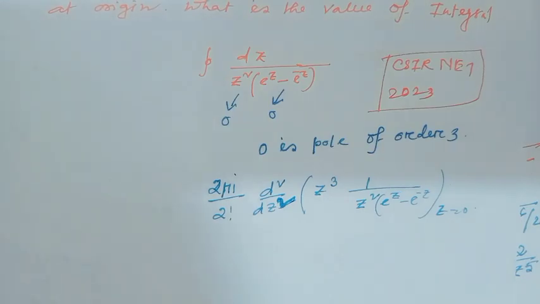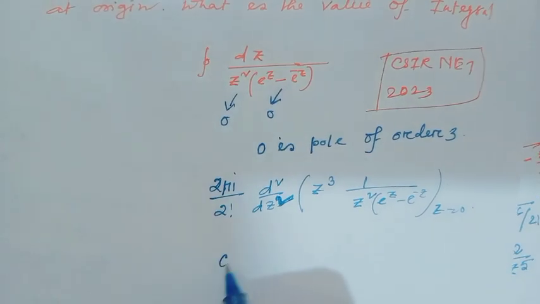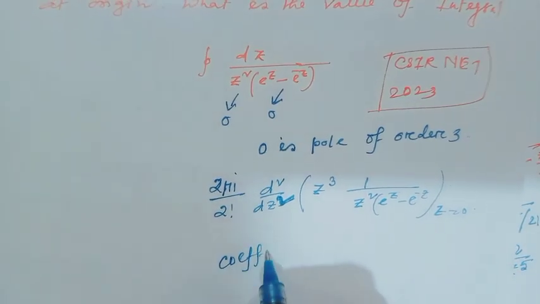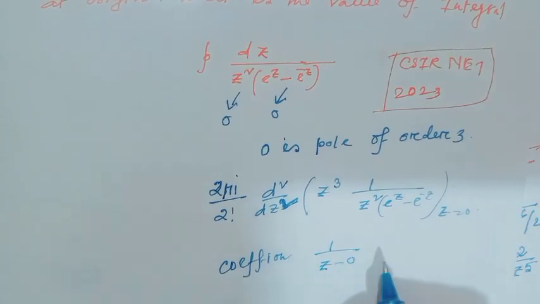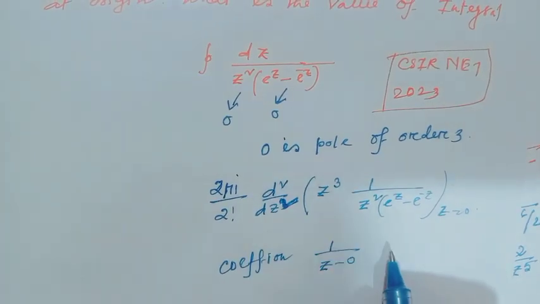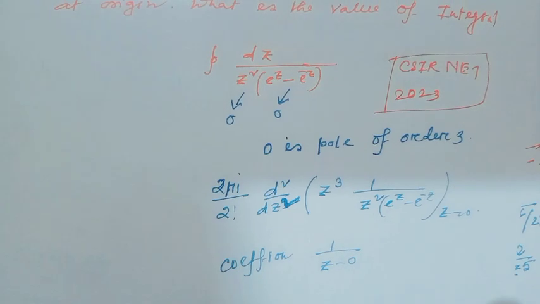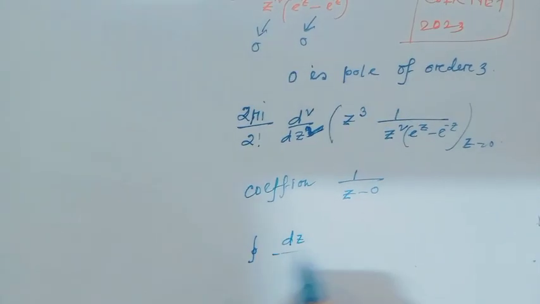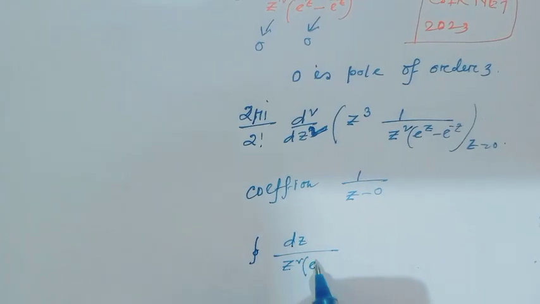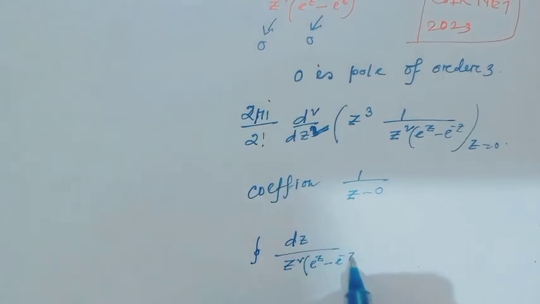Similar to a few seconds ago, we look at the coefficient of 1 over z minus 0, which is the value of the residue. So we can write dz over z squared times (e to the power z minus e to the power minus z).